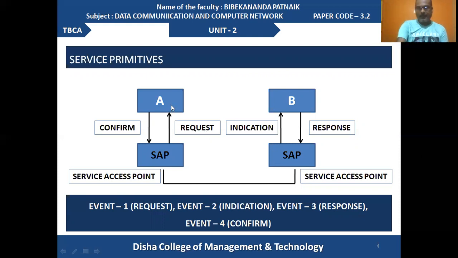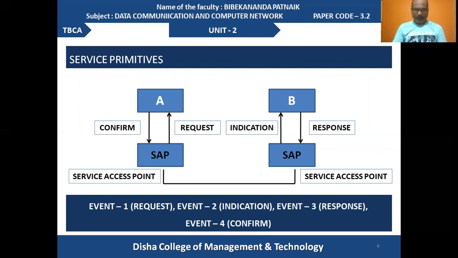Node A sends a request to its service access point, and that access point communicates with the SAP of B, which provides the indication, called event 2. After that it provides the response, called event 3, and by the help of the service access point, it returns to node A, and that is called the confirmation.